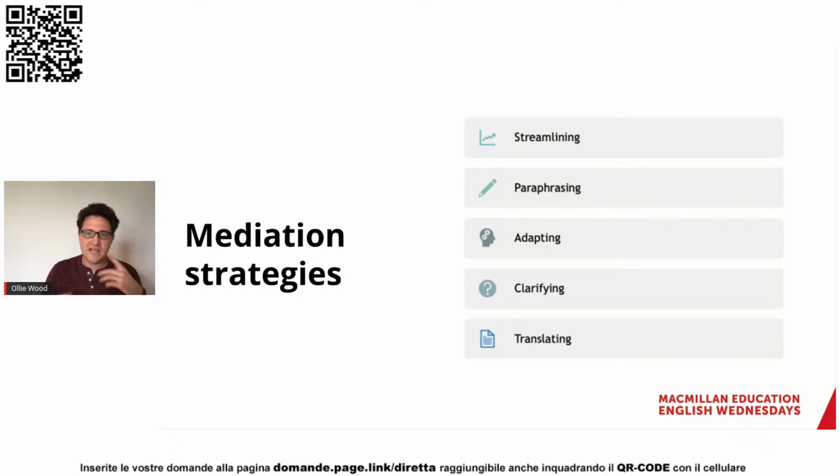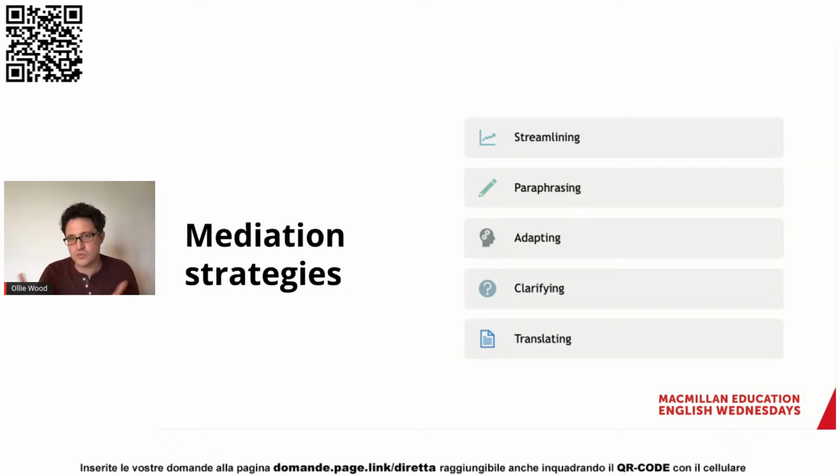Now remember, mediation activities are not translation activities, but involve translating certain concepts. Indeed, for certain terms, it's impossible to paraphrase them. To give a quick basic example, if you have to tell someone what an arancino is in English, you have to translate it as rice ball, because there's no way of aiding communication through summarizing or paraphrasing.